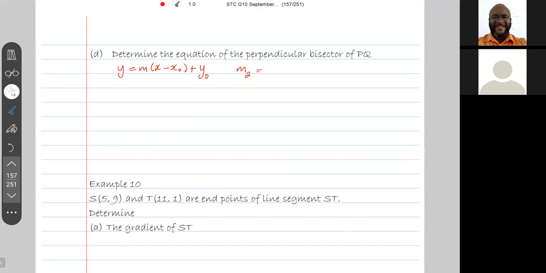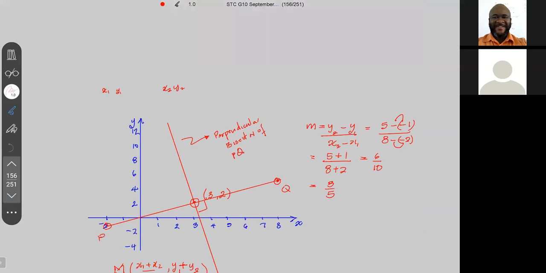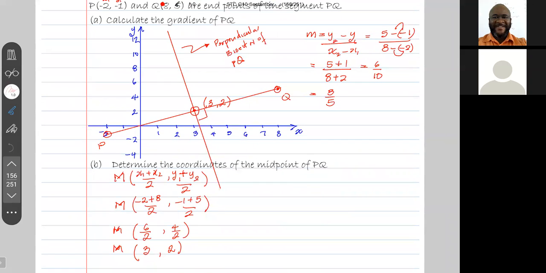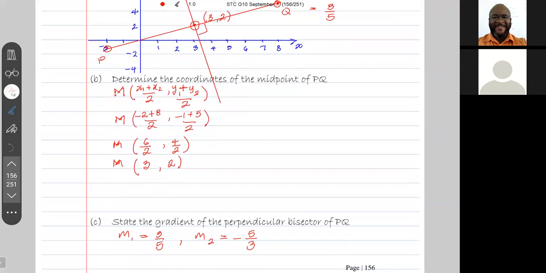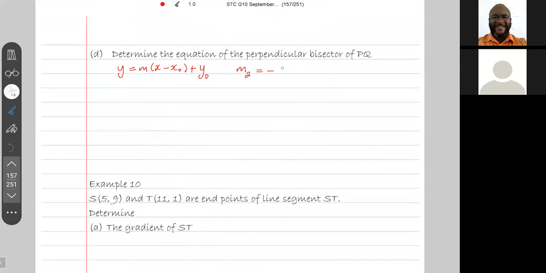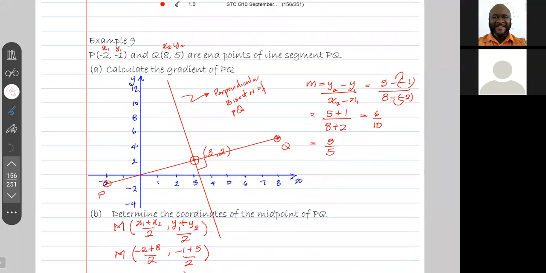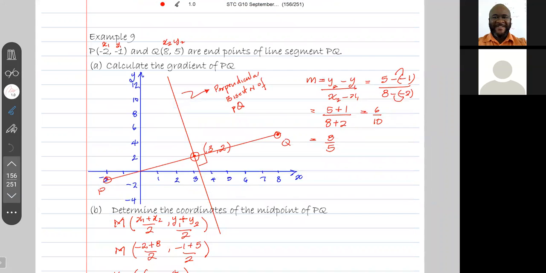M2, the gradient, is minus 5 over 3. Now, I need one point on the perpendicular bisector of PQ. Guys, I have 3 points here: P, Q, and M. Which one of them is on the perpendicular bisector of PQ? Anybody?